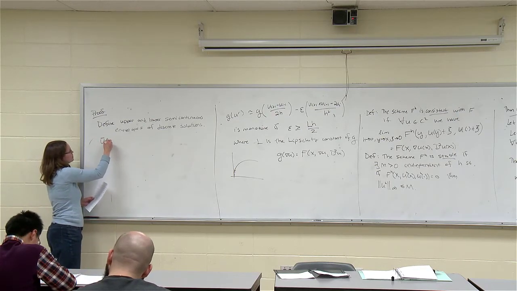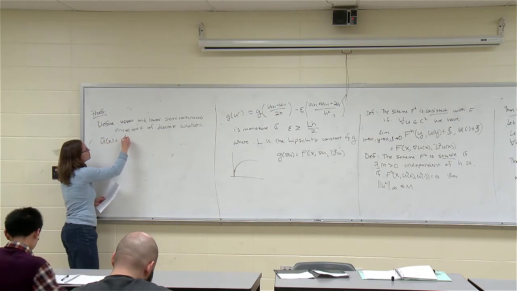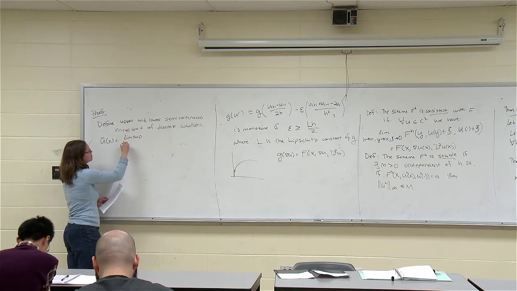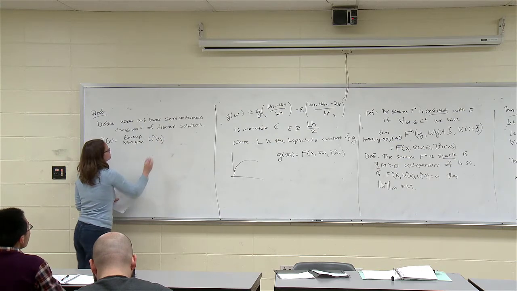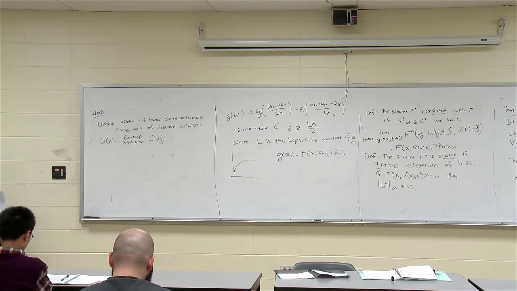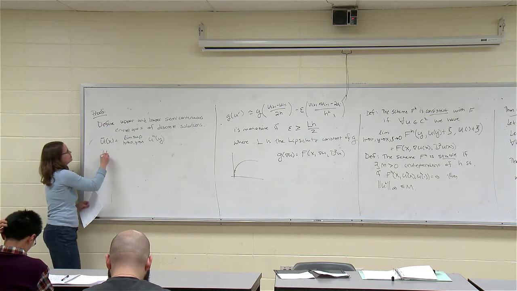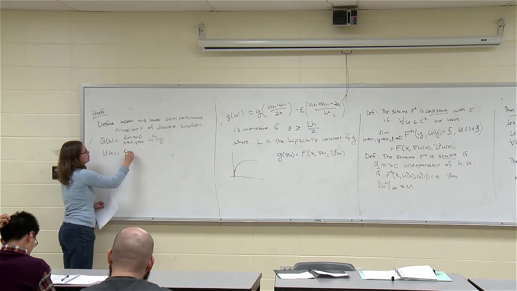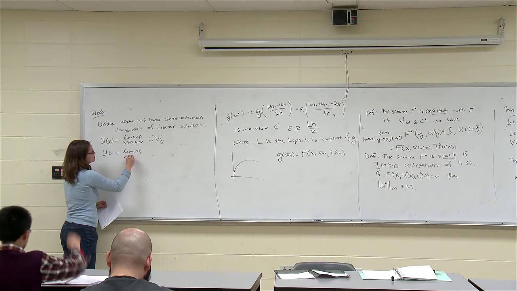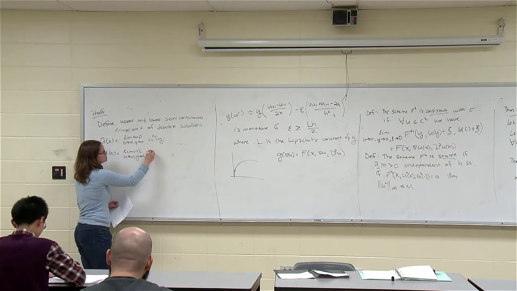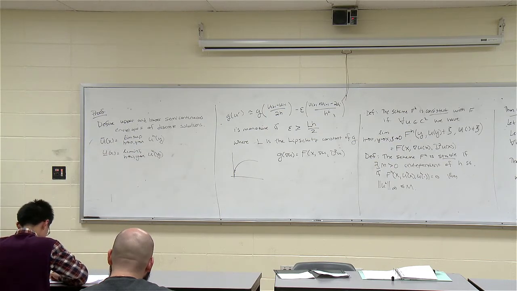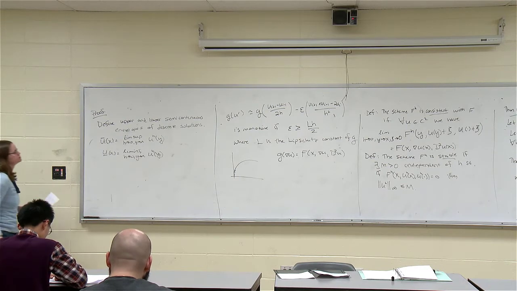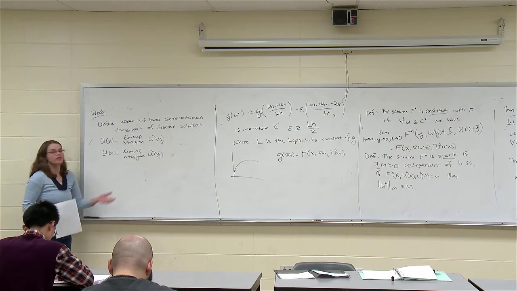So U bar is going to be the limit superior as h goes to 0 of u_h, and U underline is going to be the limit inferior. Okay, these things exist, right?